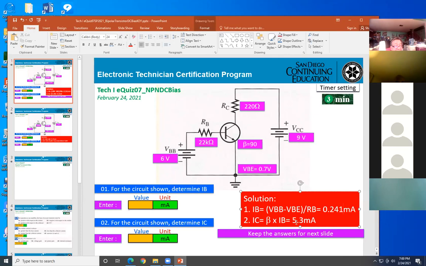Okay, and this one we multiply by 90, so 21.68. Yes, 21.7. Okay, correct that for me. I did too many things wrong in the calculation.